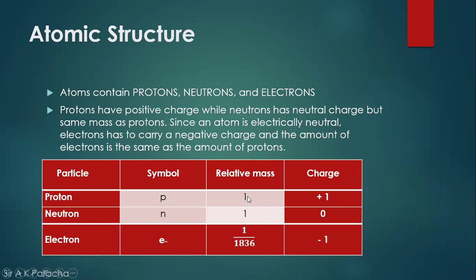By the term relative mass, we mean mass compared to other components like proton, neutron, and electron. Their masses compared to each other, so you can say these are ratios. The ratio of neutron and proton is 1:1, and we also call it atomic mass unit, or AMU.